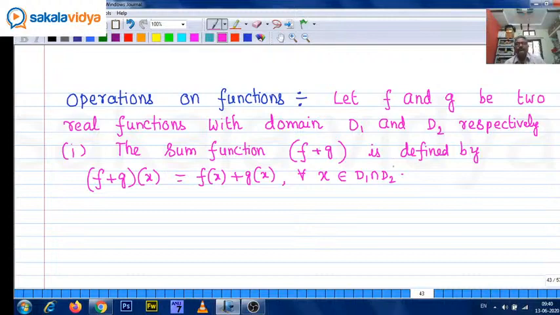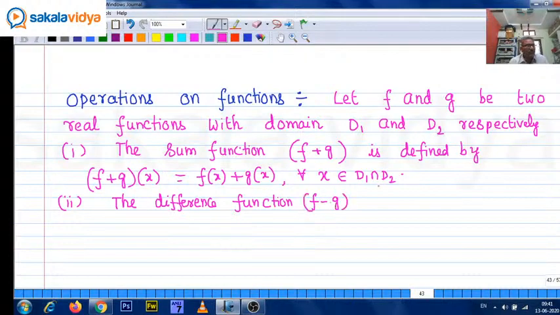Next, second one, we can also define the difference function of f and g, that is f minus g, and you can define g minus f also, no problem.